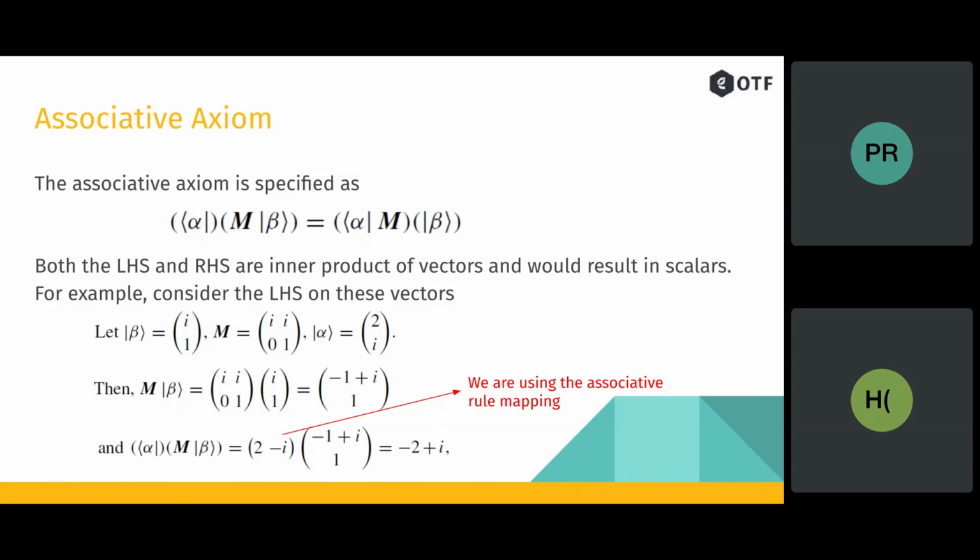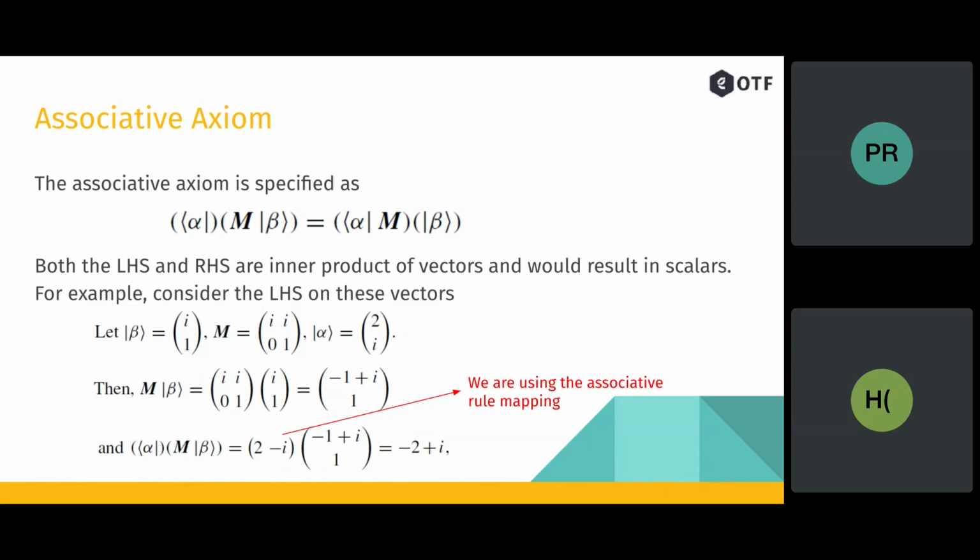Then 2 minus I is multiplied by minus I, and adding everything we get a result of minus 2 plus I.